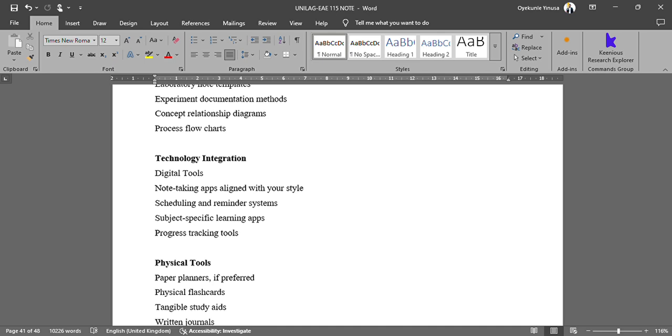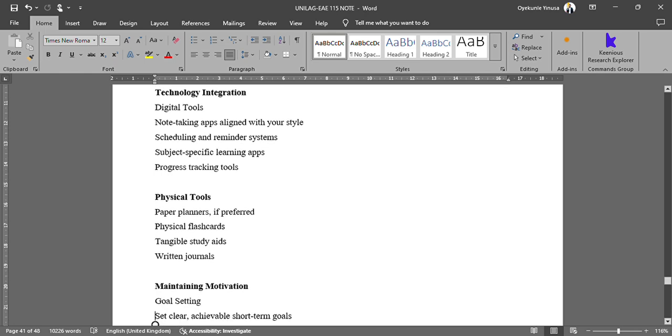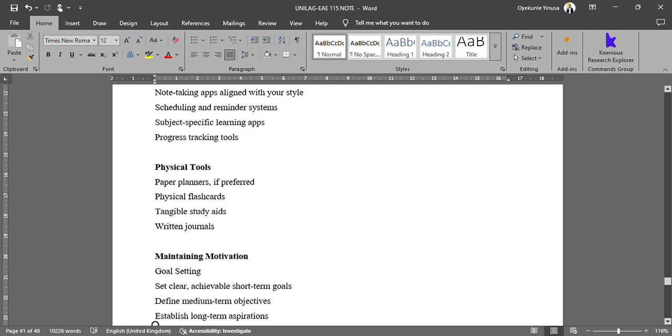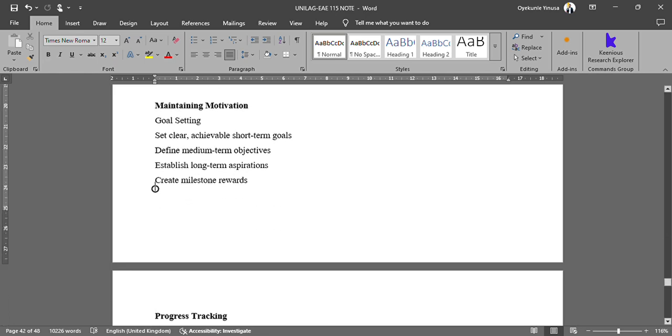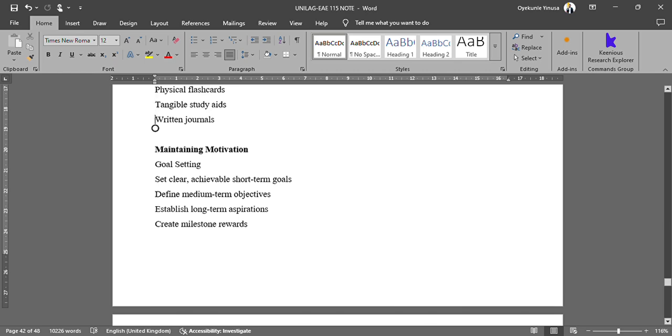Scheduling and reminder systems using your phones and your Google Calendar will also help you. You must also use progress tracking tools. This is very, very important. Physical tools are also there: paper planners if preferred, physical flashcards, tangible study aids, and written journals.